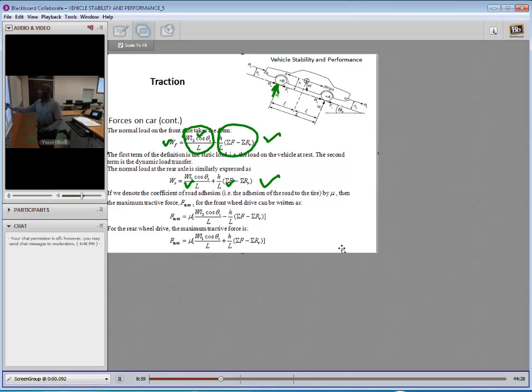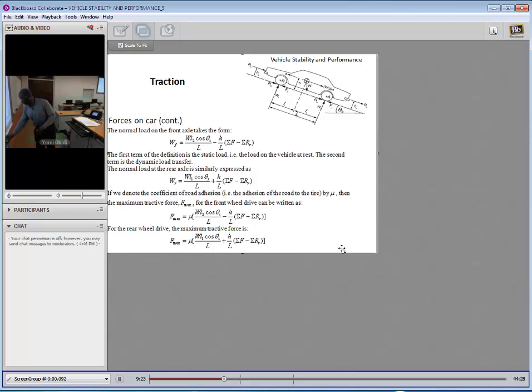So we go on and clean this up, develop it further, do a few mathematical manipulations, and we come up with a final expression for the maximum tractive force. That's where we're heading, the tractive force.